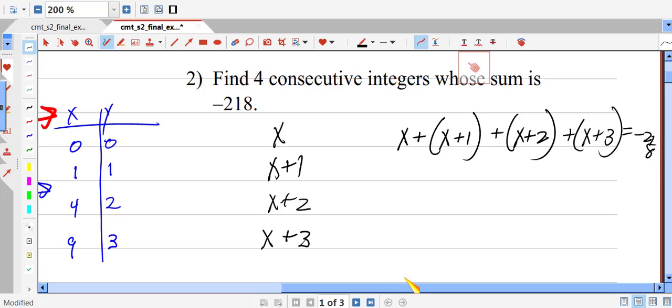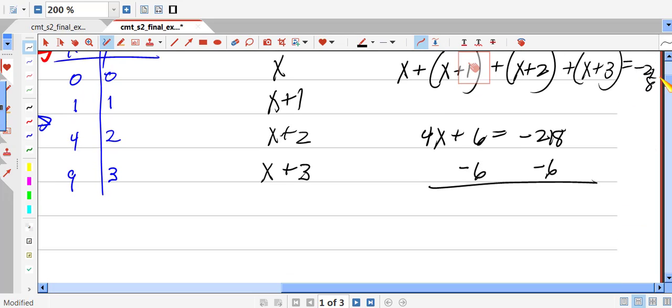Okay, so now I'm going to simplify, and I'm going to get 4x plus 6 equals negative 218. So I'm going to subtract 6 and get 4x equals negative 224.